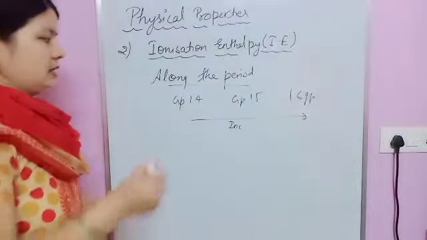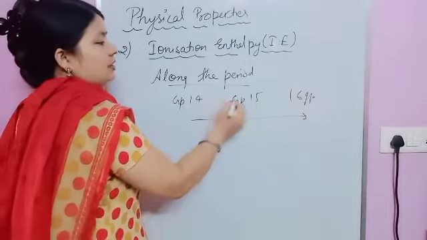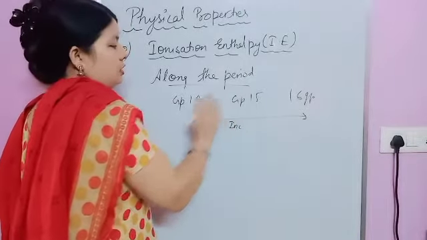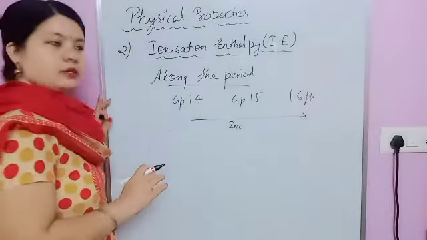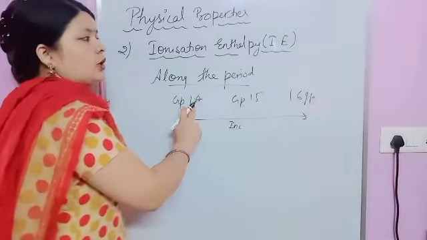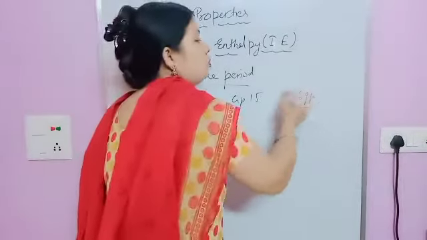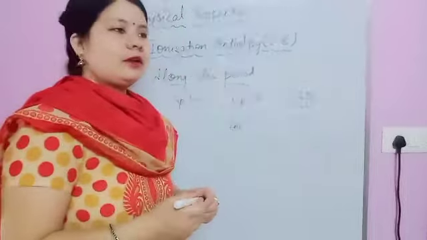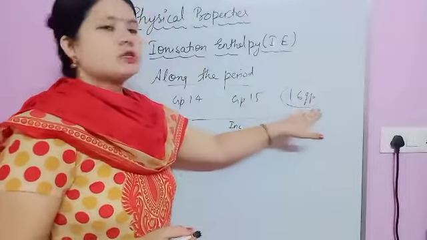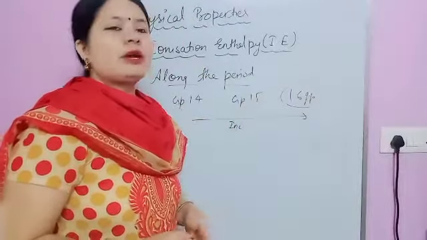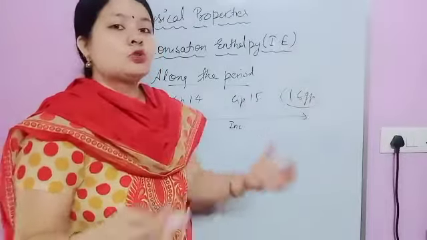But again, there is an exception. Ionization energy of the 15th group is more as compared to the 14th group. And what about the 16th group? Normally the ionization energy of the 16th group should be more as compared to the 15th group, but it's not so.